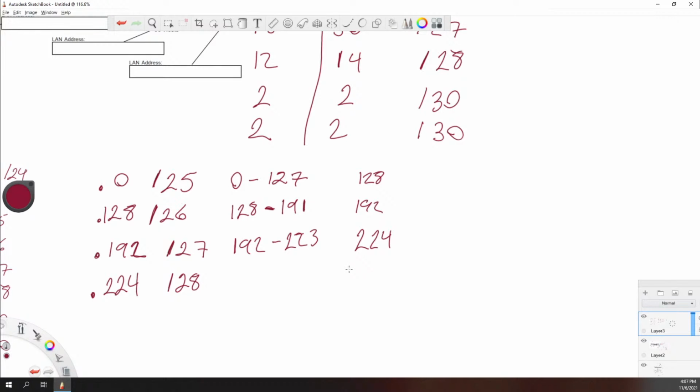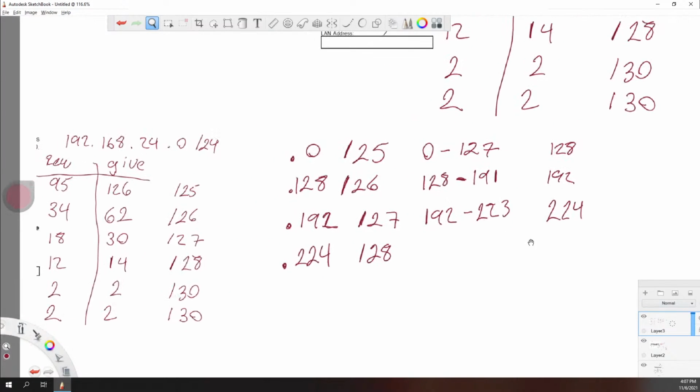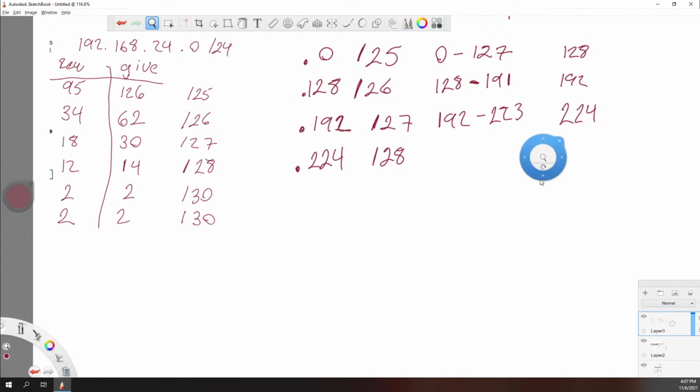So our next one, let me just shift that back over so it's back in frame. So that becomes our subnet mask. So this one is 224 to 239.